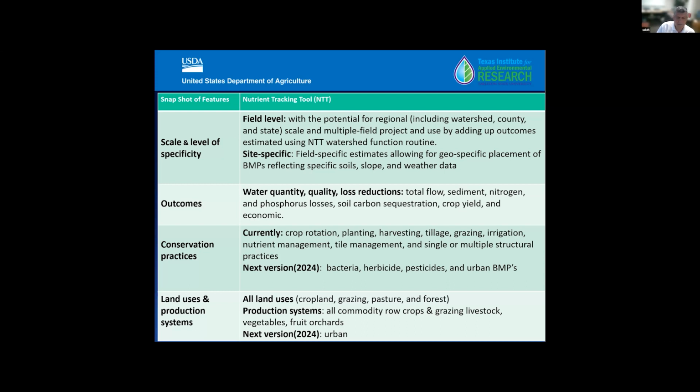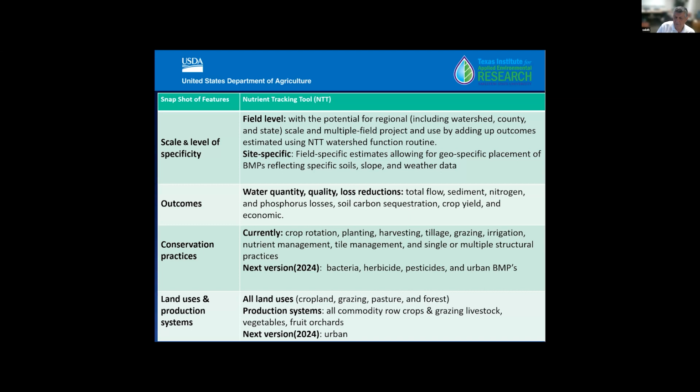All land uses are being considered right now, except the urban. Although APEX has urban, it is not comprehensively detailed, so we are working on that. But nevertheless, cropland, grazing, pasture, and forest, and whatever the capability of APEX is, is being addressed in NTT.